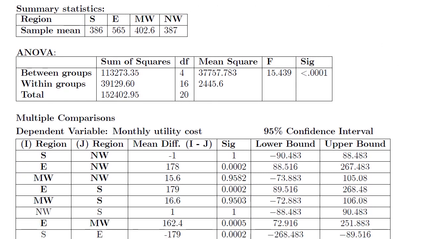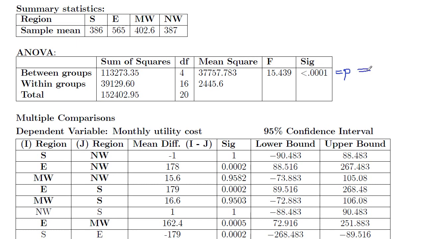And then we performed an ANOVA to see if there's a statistically significant difference between those means. So this ANOVA had a significance of 0.0001 actually. So that's our p-value, and it's less than 0.0001.